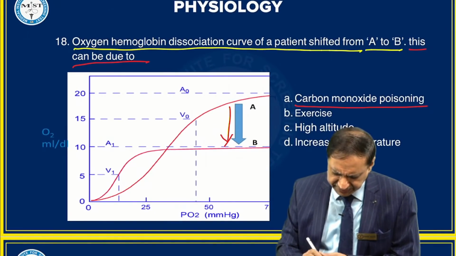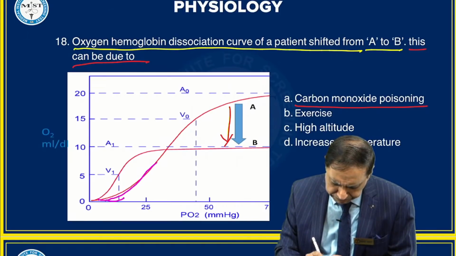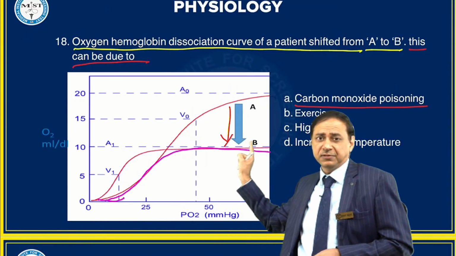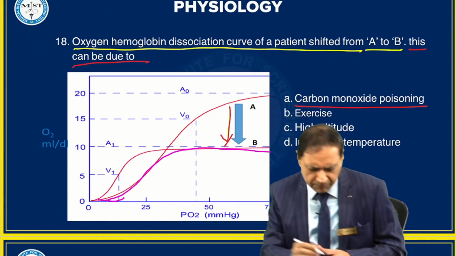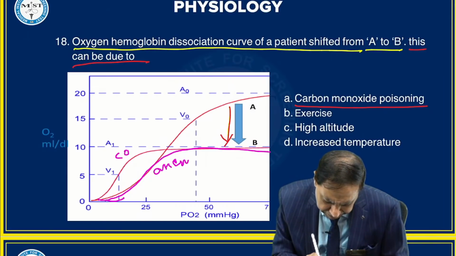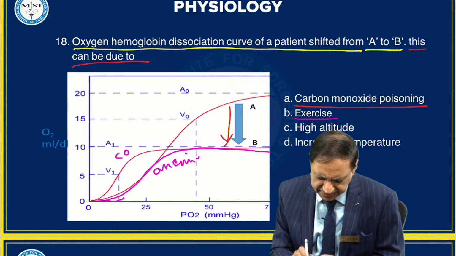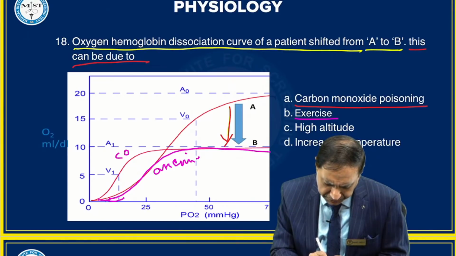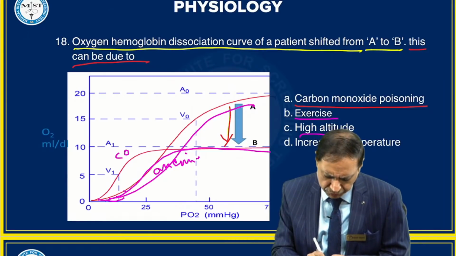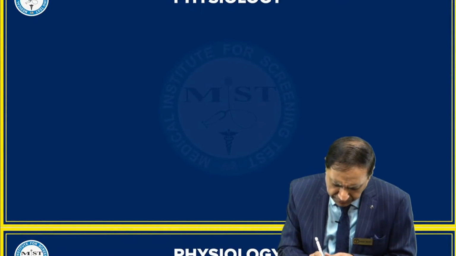In anemia, the curve will be like this. This is anemia. This is carbon monoxide. In exercise, the curve will be shifted to right. I'll draw it again. This is the normal curve.